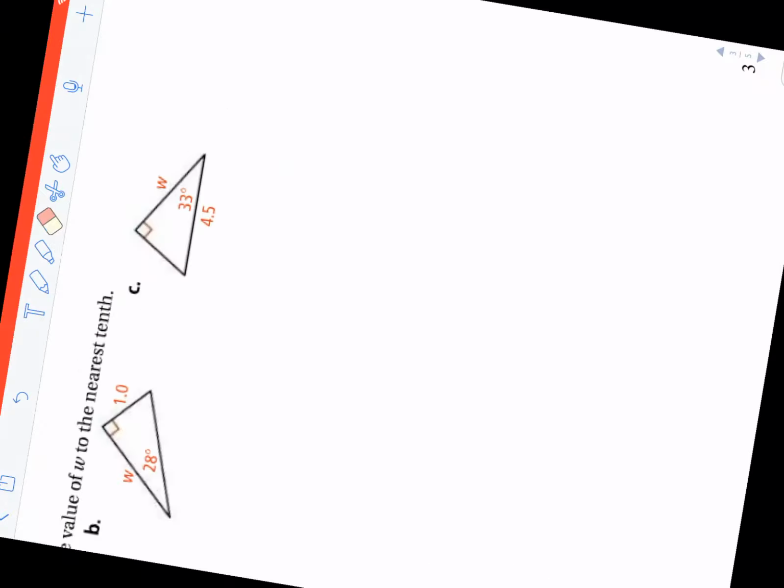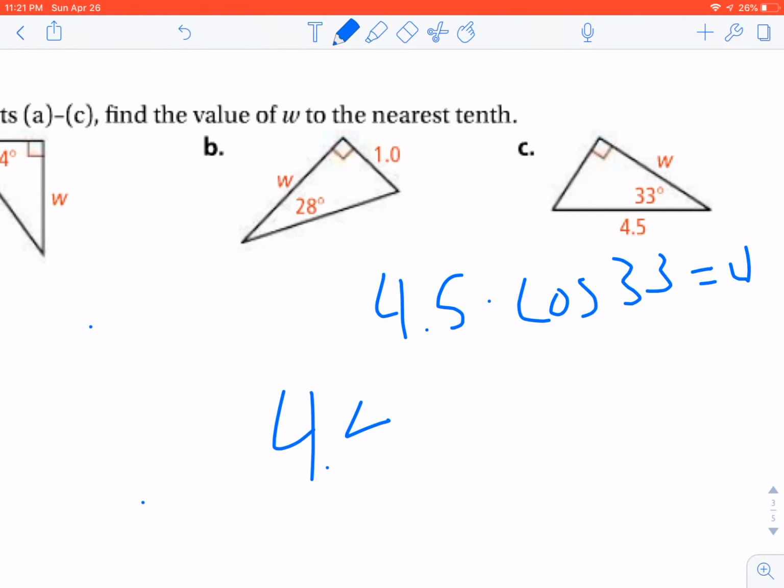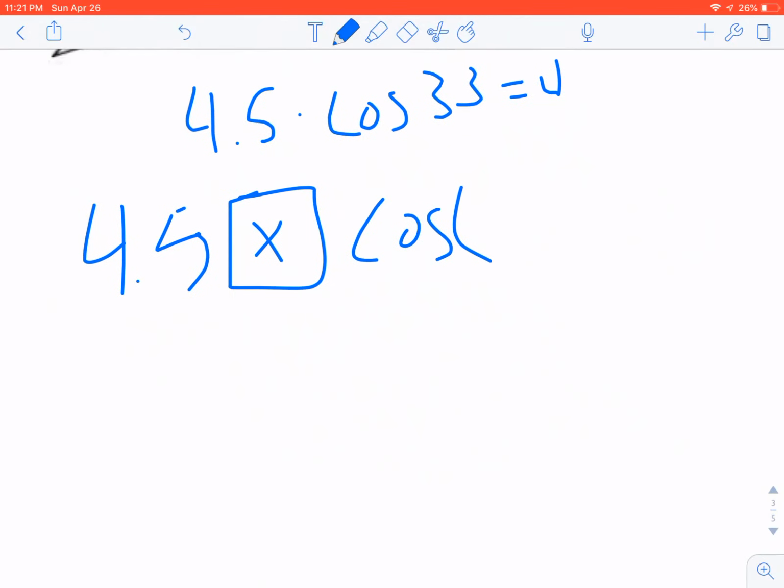When we computed C, we had 4.5 times the cosine of 33 was equal to W. So again, type in 4.5, hit your multiplication button, hit COS, and that should give you COS with the parenthesis open.